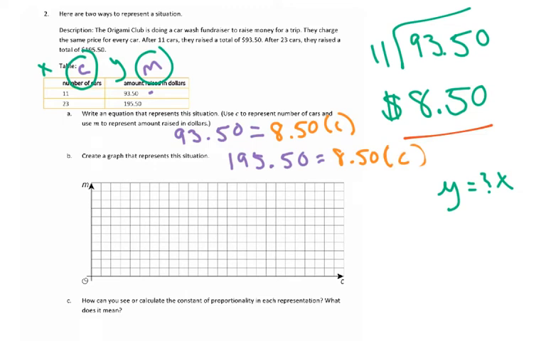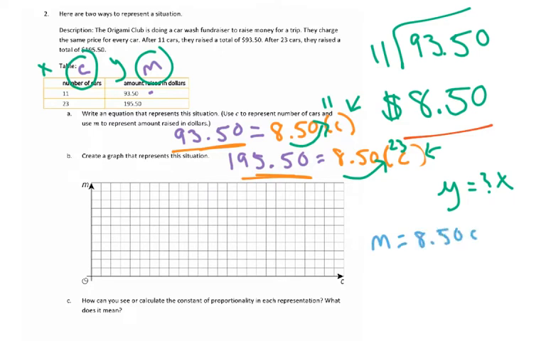I would be willing to bet if I substituted my numbers in, which for this equation, the C value they told us was 11. And for this equation, the C value they told us was 23. If I multiplied those, I would get these. And yes, I would get those. Just to bring the M back into the equation, these could also be written as M equals 8.50C.